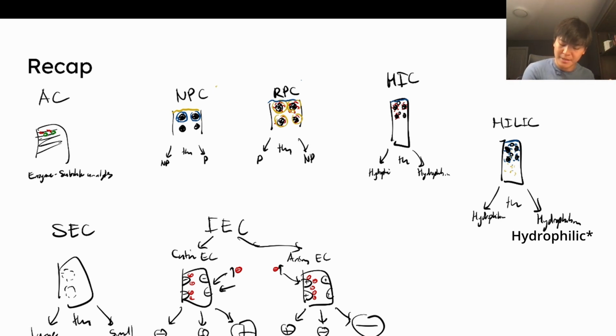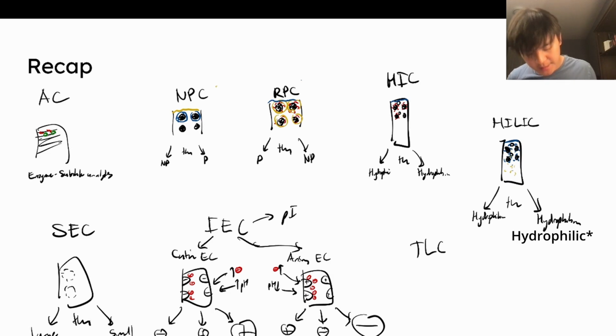And we're also sorting them based on how positive they are, or sorting them on their isoelectric point rather. And in this case, so increase pH. And in this case, we decrease pH, right? Shifting them the other way to become positive. And once they become positive, they will elute. And so this way was sorting based on isoelectric point at the end of the day.